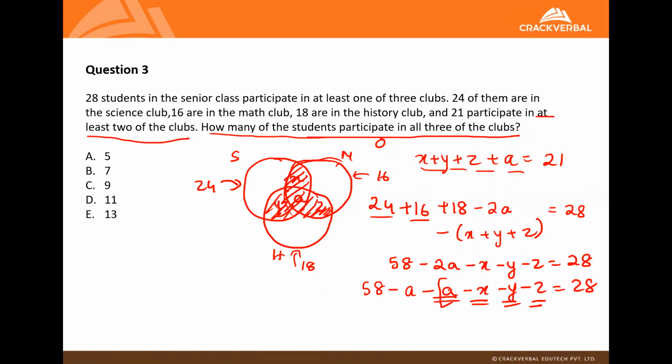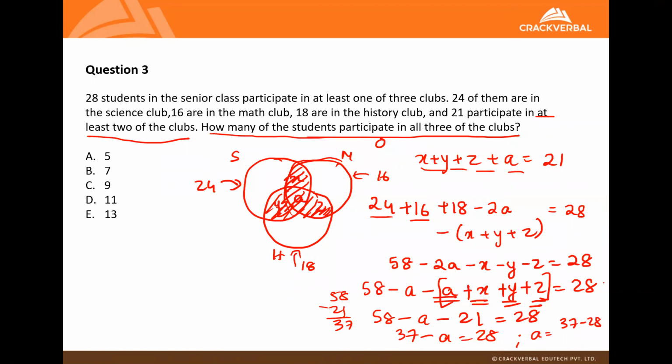So this is going to be 58 minus 21 minus a is equal to 28. So 58 minus 21 is going to be 37. 37 minus A is 28. So A is going to be 37 minus 28, which is 9. So we've got A to be 9, right?